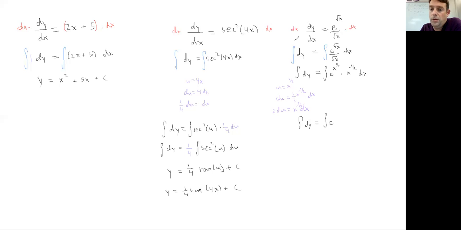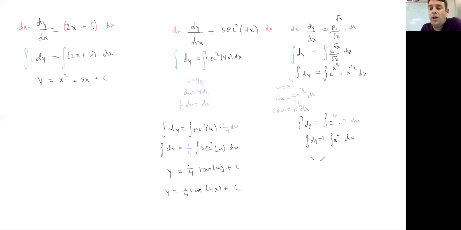So we have e to the u times 2 du. And we'll bring the 2 to the outside. And I've made no secret about this all year: e to the u, my personal favorite integral.